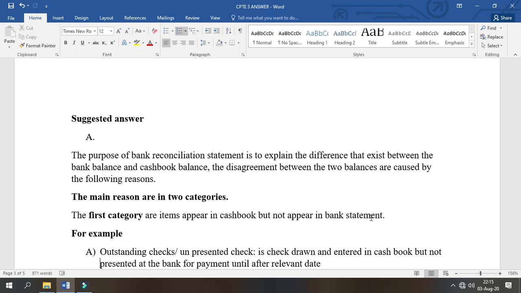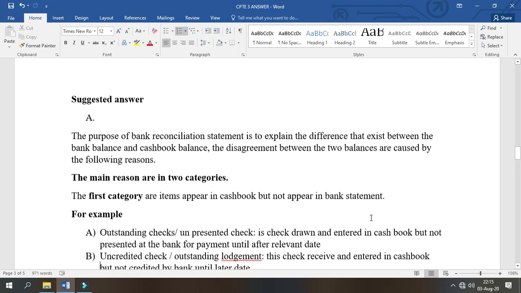The business draws a check for their customers, and the customers do not present that check to the bank in order to get payment until after the relevant date. That check is called an unpresented check.